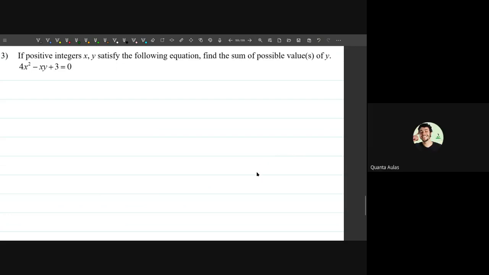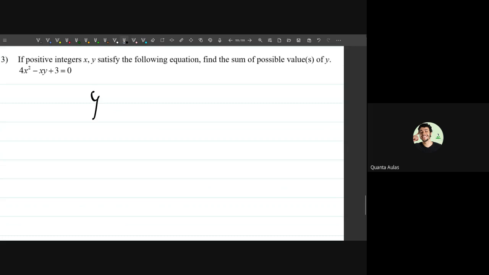Okay, I understand your problem. And we really have a second degree equation? I don't know. Because if we, for example, isolate y, the variable y, we will have this thing here.